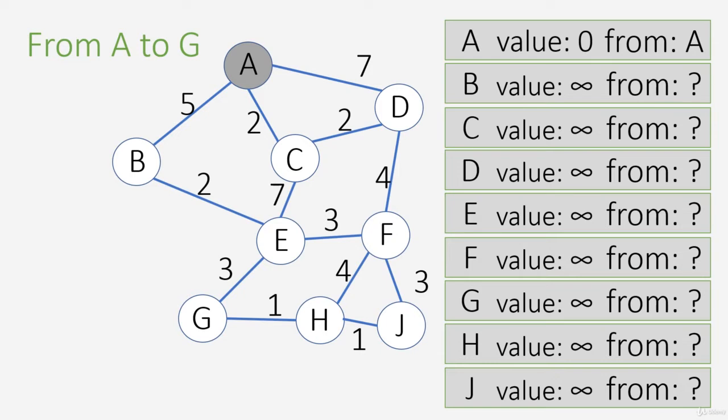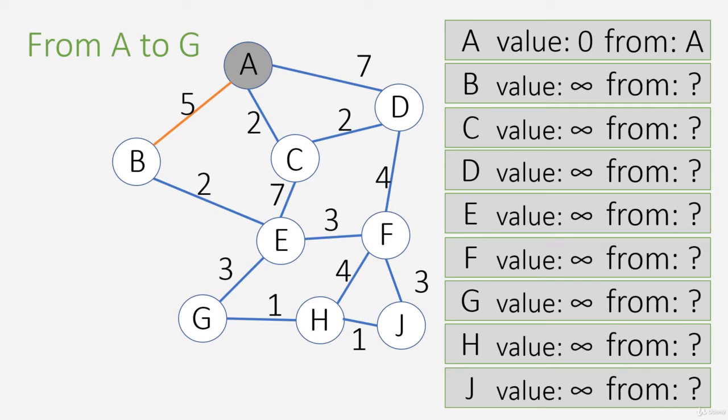Here is my graph, and here is my priority queue, and I'm going to take the first node from the priority queue and check where I can go. So in this case, I take A and see that I can go to B and it takes me 5.